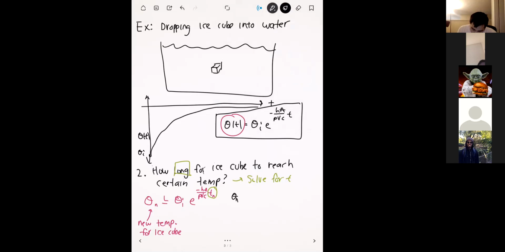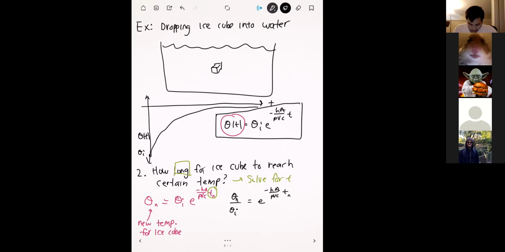And so we have theta n divided by theta i is equal to e to the minus hA over rho Vc tn. Is that a greater than or equal to? It's an equal sign. Oops. Yep, iPad's being weird.